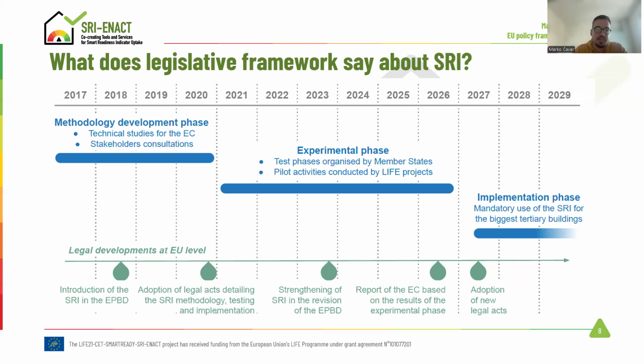And a few years before that, test phases were triggered by certain member states, and I will talk about those in the next slides. What is important to emphasize is that according to the current plans, from June 2027, there will be a mandatory use of this indicator for larger tertiary buildings, but I will also catch up on that.